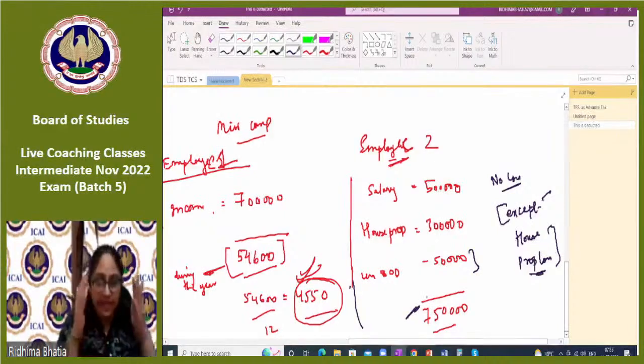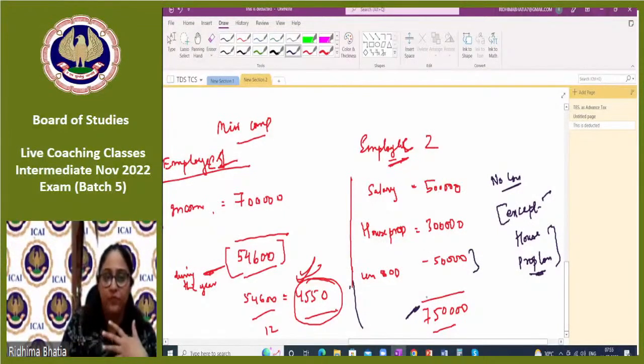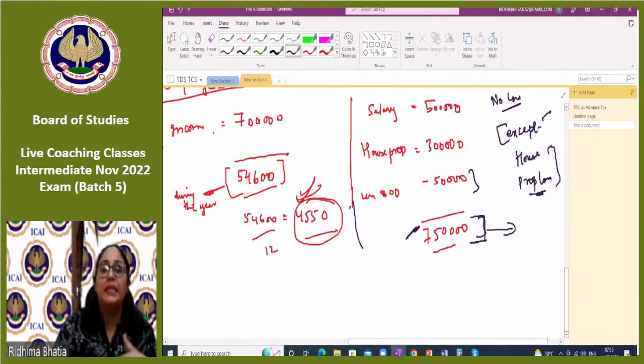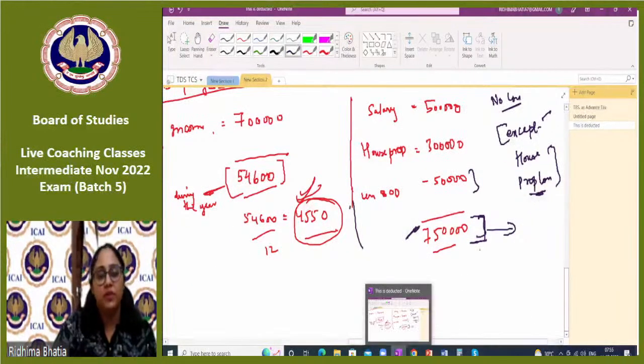While computing, he'll make a mini computation for every employee. Then on whatever the income is coming, on this he will compute the tax, and then every month he will deduct that tax.